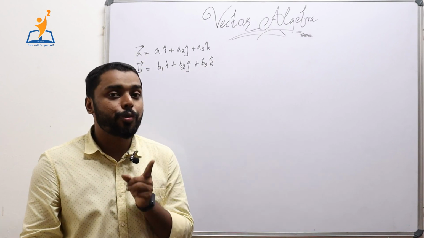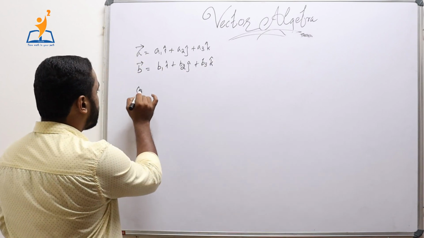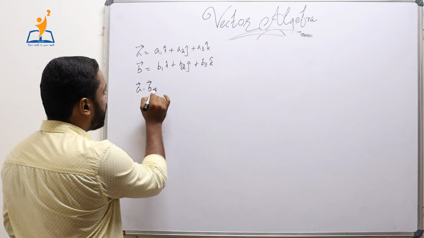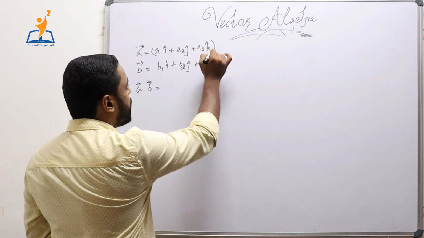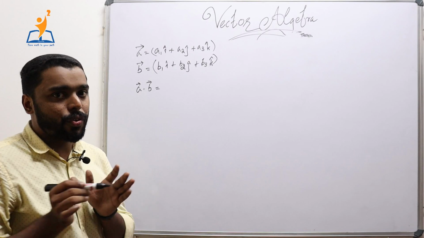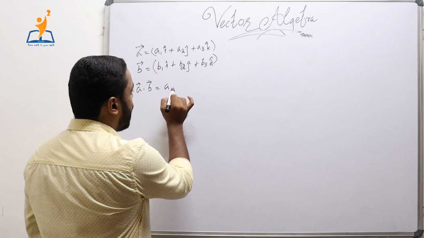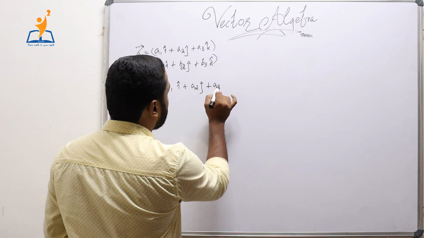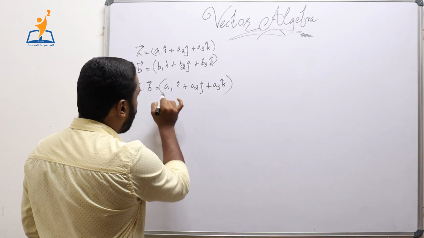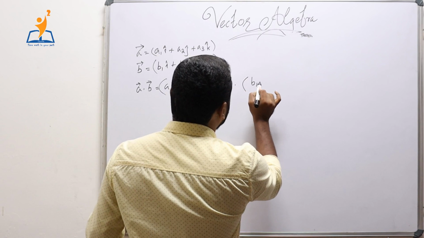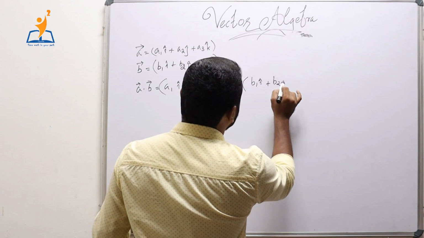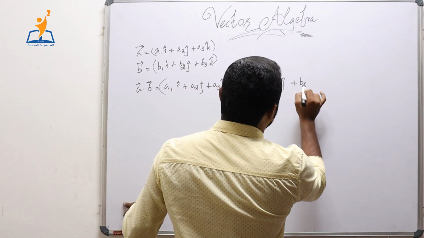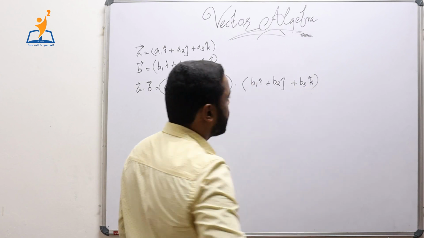Now I am going to find the dot product. A dot B is nothing but this vector dot this vector, so we have a1 i cap plus a2 j cap plus a3 k cap dot b1 i cap plus b2 j cap plus b3 k cap, isn't it?